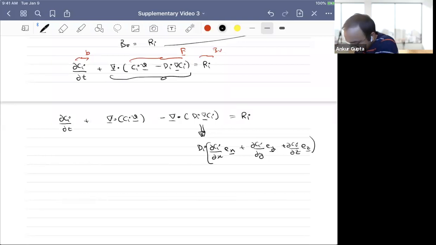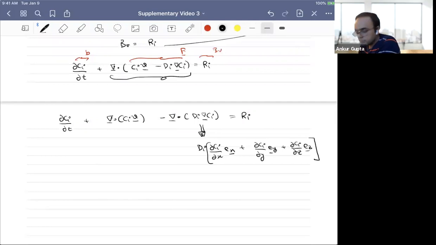Okay, let me clean it up a little bit just to make sure the text is clear. Del Ci by del y ey plus del Ci by del z ez. Okay.